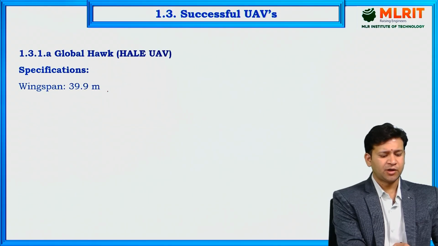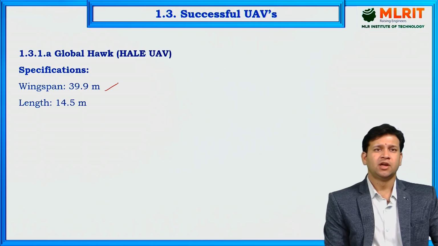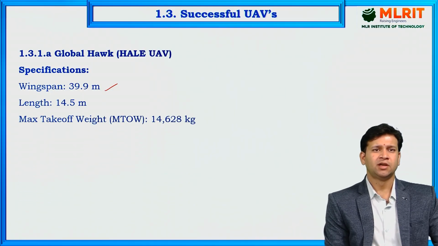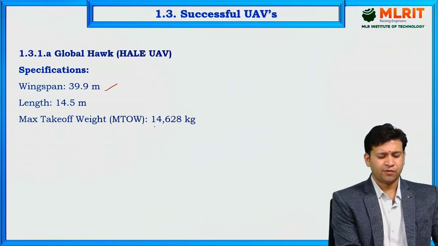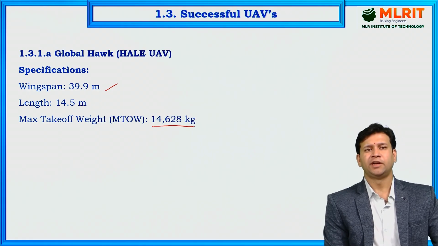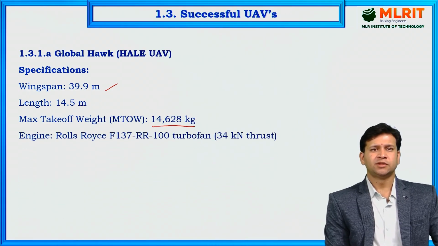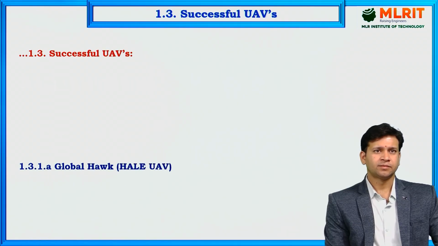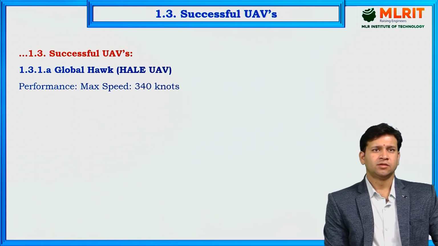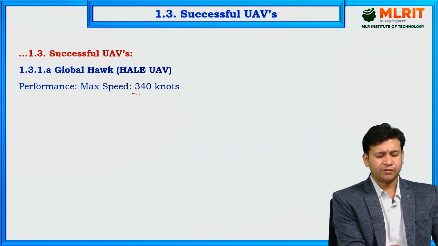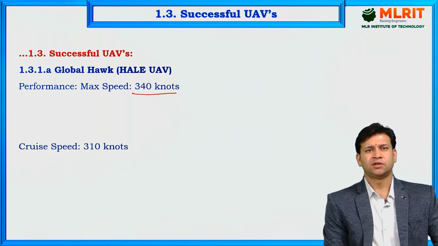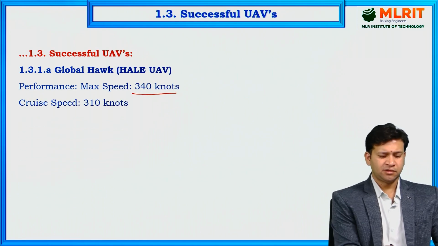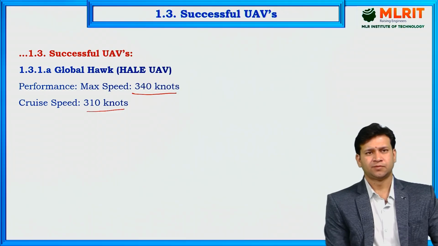It has a wingspan of 39.9 meters, a length of 14.5 meters, and a maximum takeoff weight of 14,628 kg. It uses a Rolls-Royce turbofan engine. It has a speed of 340 knots. That's the maximum speed. Cruise speed is 310 knots.